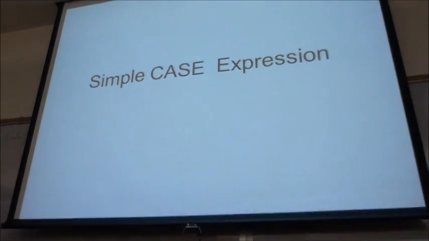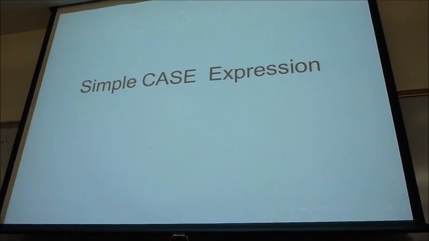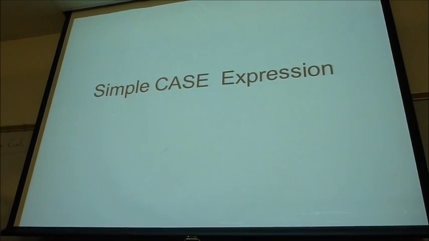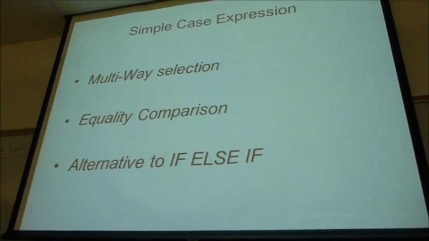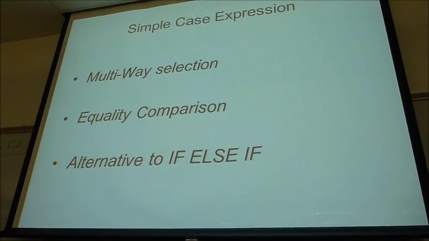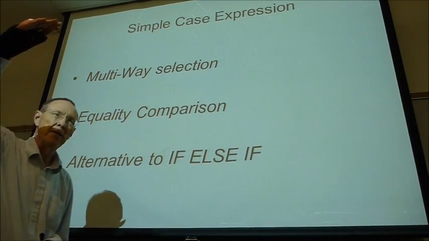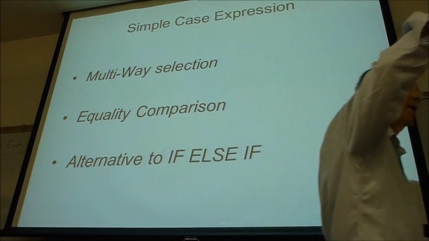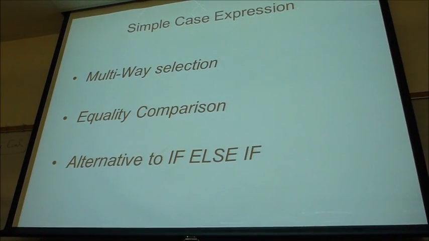So we have two types. We have a simple case, and then we have what's referred to as a search case. We'll look at the simple case first. It gives us multi-way selection. In other words, if was one-way selection. If else was two-way selection.